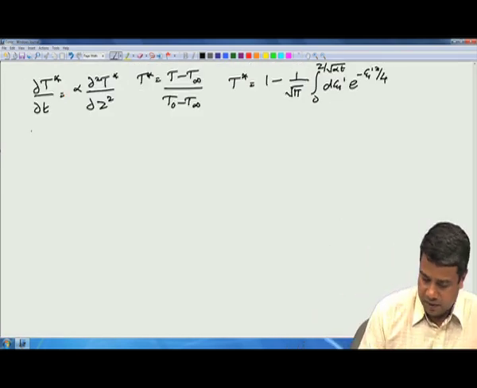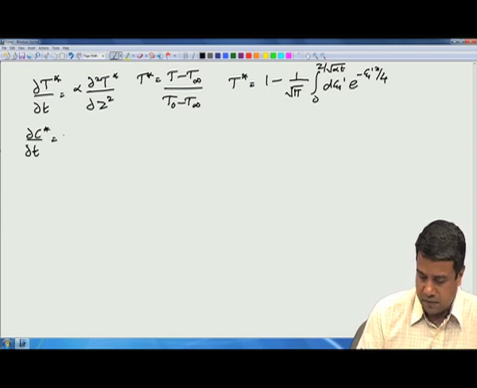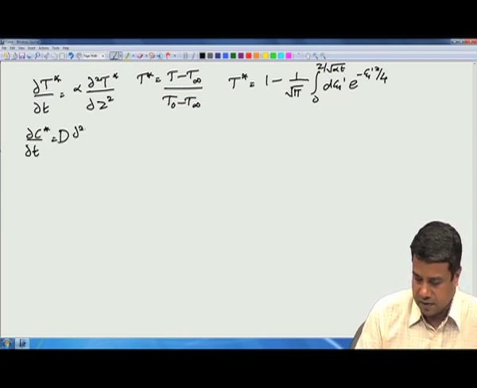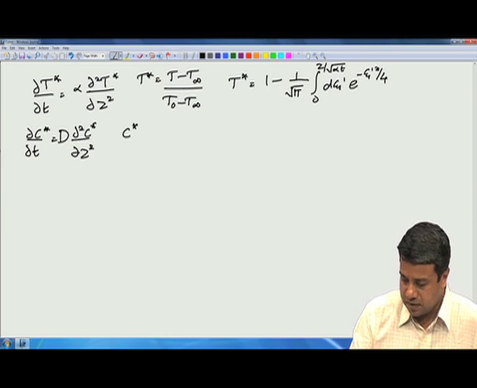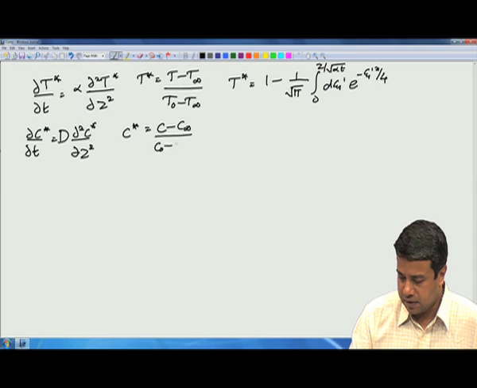Partial C star by partial t is now the mass diffusivity times partial square C star by partial z square, with C star equal to C minus C infinity by C naught minus C infinity.